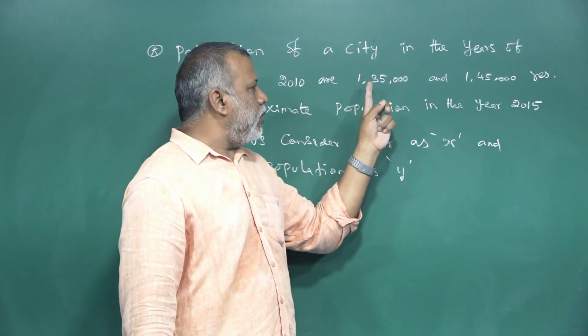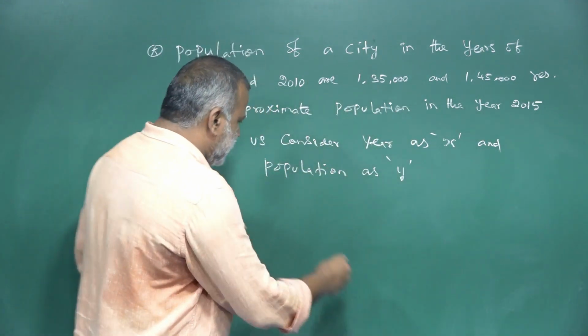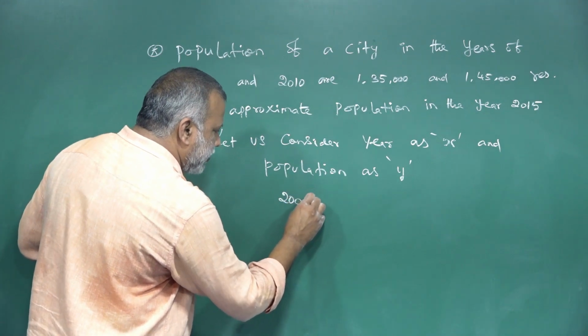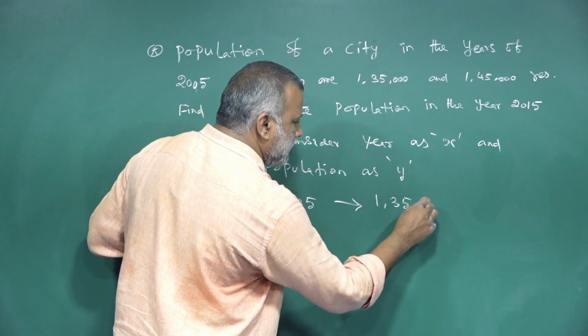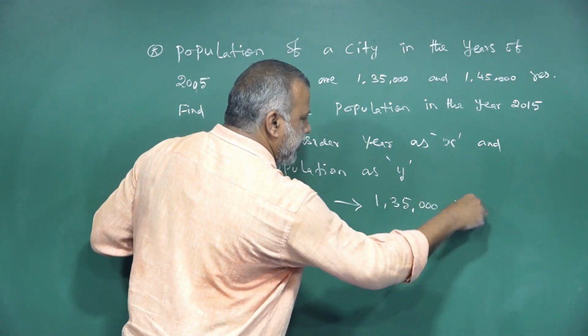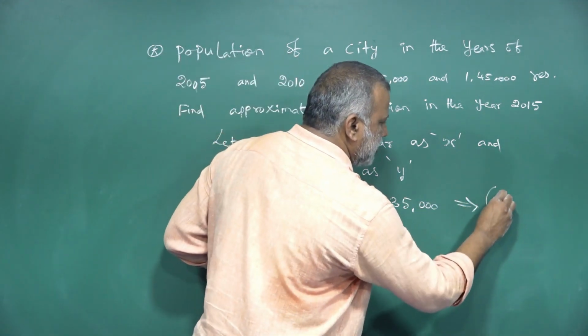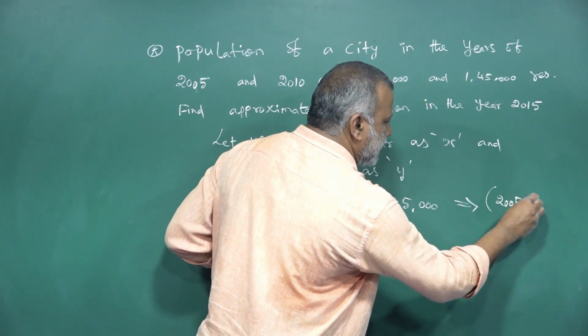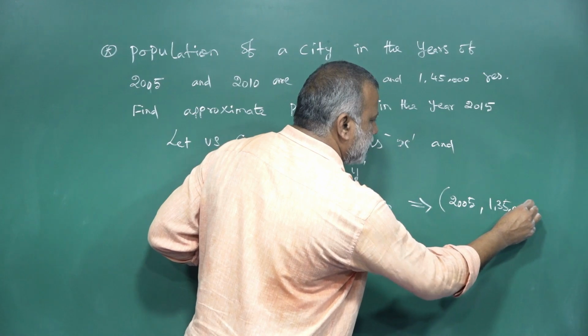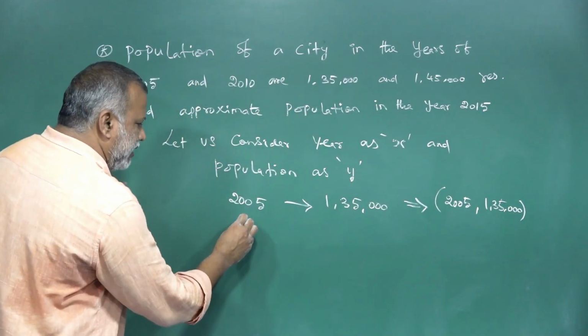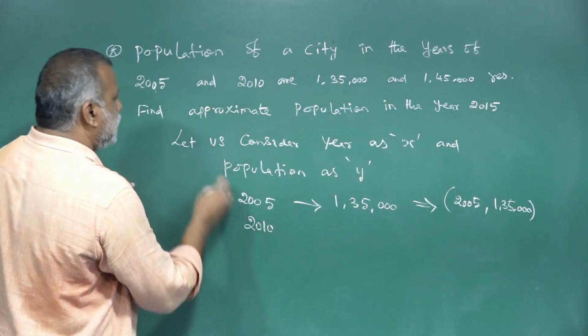In 2005 the population is 1,35,000. Therefore we are comparing with the pair of points 2005 comma 1,35,000. In the same way we have one more data.